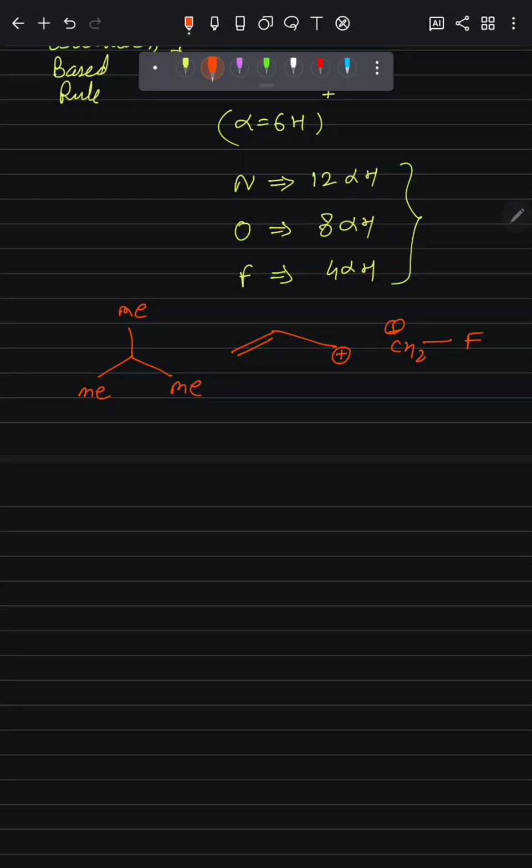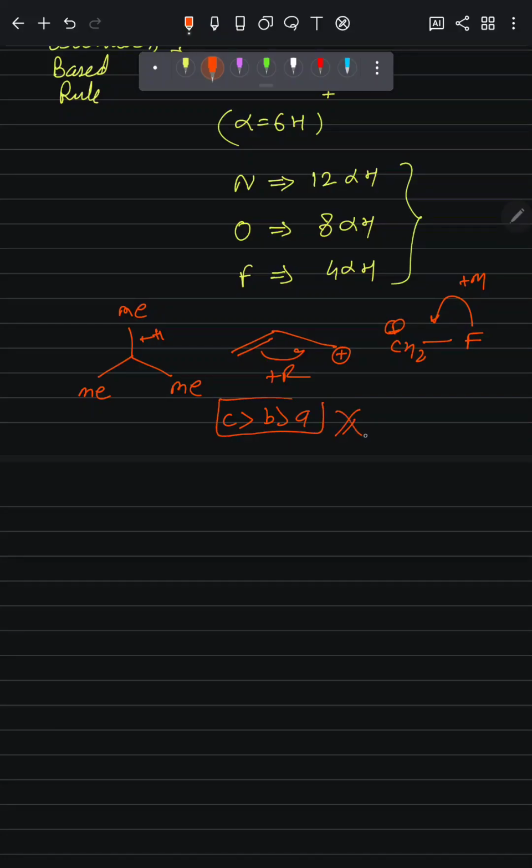As we know, if we apply general organic chemistry here, the order will be: this fluorine is donating here according to plus M, and this is plus R, and this is plus H. So according to GOC, the mesomeric will be first, so C will be first, then B, and then A.